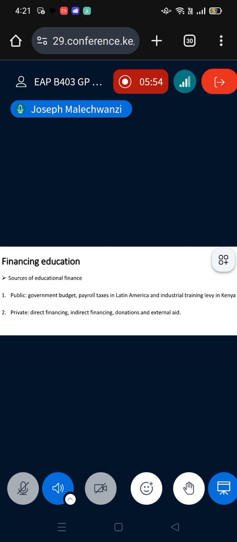Now, our key task today is about how do we look for these finances, because you remember earlier we mentioned that there are quite a number of challenges that are related to schools' finances.